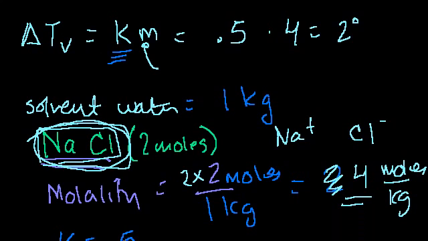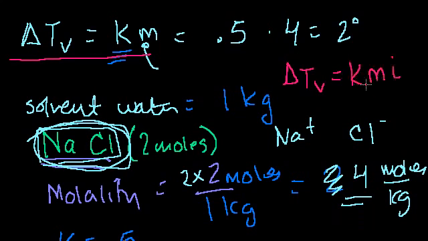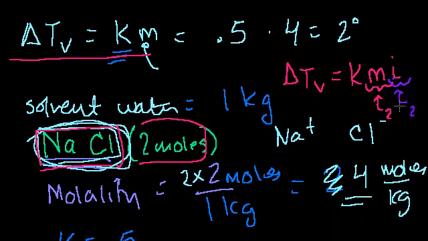In some textbooks, you'll actually see the same formula written like this: change in boiling temperature is equal to K times m times i, where m is the molality of the compound you're talking about, so in this case, this number would be 2. And i is the number of things that it disassociates into. So in this case, this would have been 2. And that's where we would have gotten 4 times K, which is 0.5, which is 2.